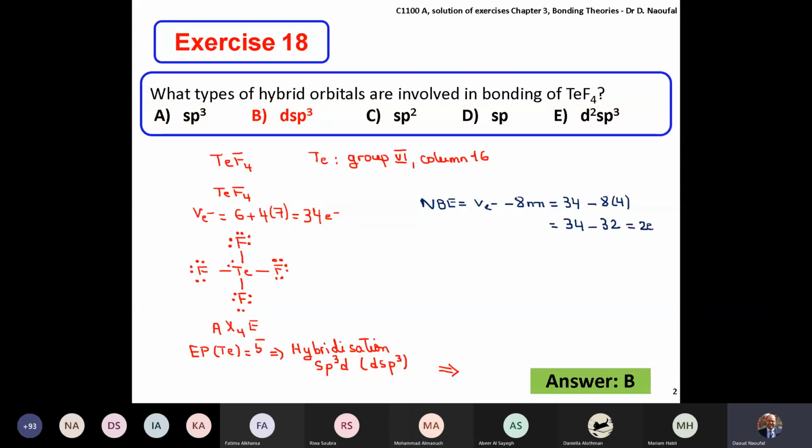So we have 2 electrons, so we have E1, 1 pair. So the formula is directly AX4E, which implies EP equal 5, which implies hybridization directly sp3d or dsp3. So the correct answer in this case is B.